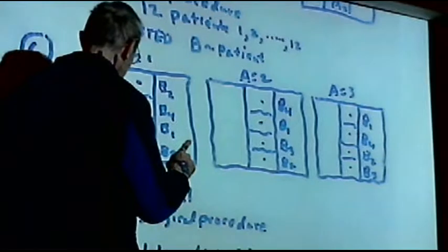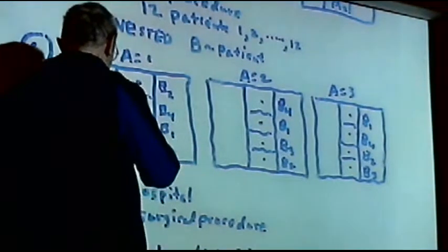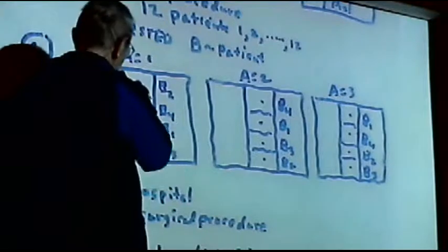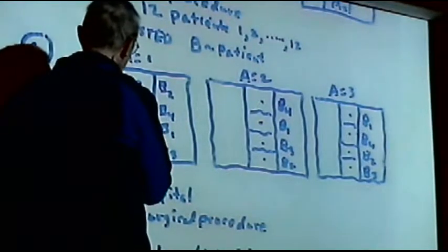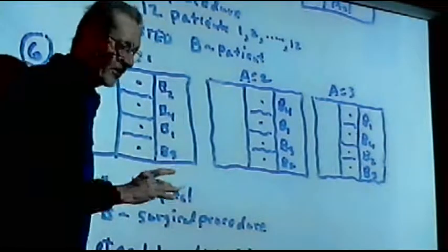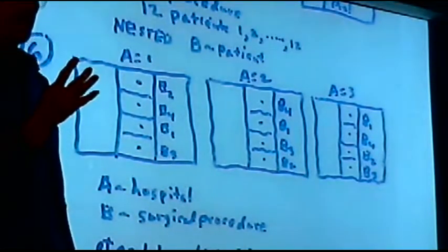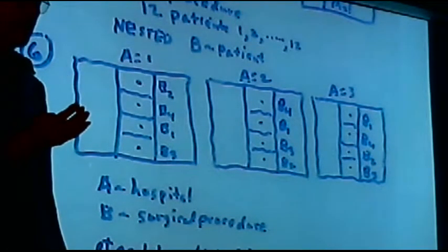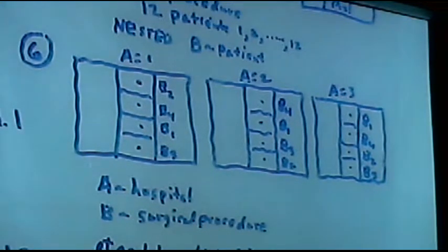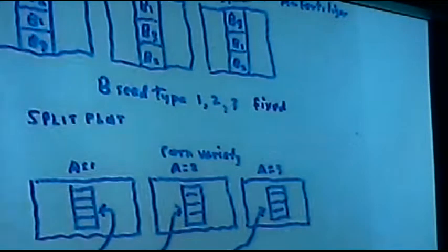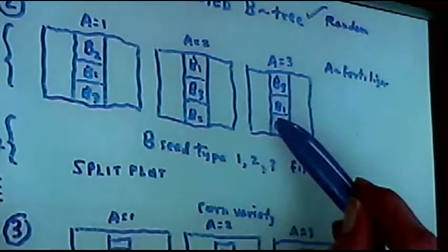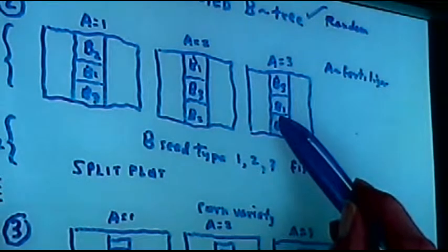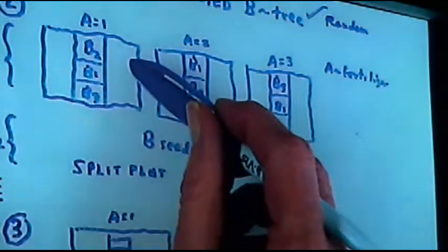And basically what I'm doing is I'm selecting 4 subplots from the available stuff that's here in hospital 1. I'm selecting 4 patients, assigning them to get this or that surgical procedure, which is directly analogous to the farm experiments, where these were plots of ground and we were assigning, like, seed type or something to the plots of ground.